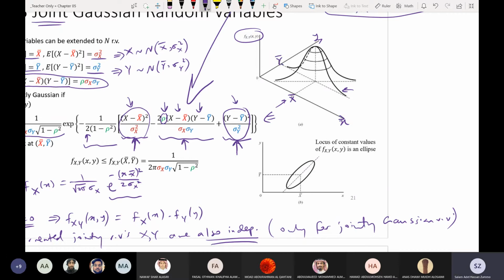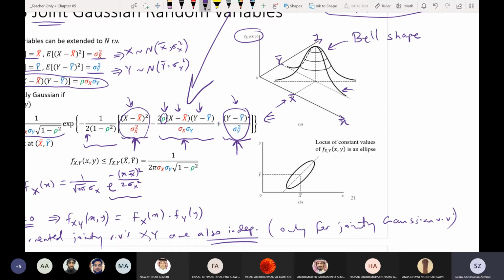Now in the XY two-dimensional PDF, the PDF looks like what we call the bell shape. Okay? The bell shape.